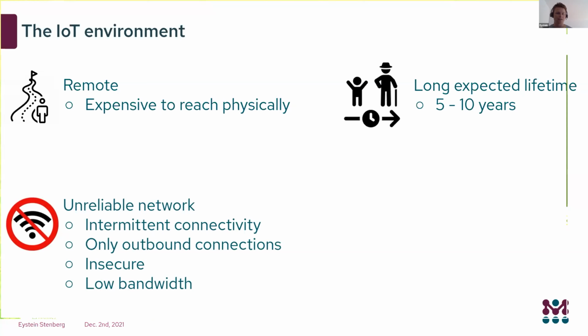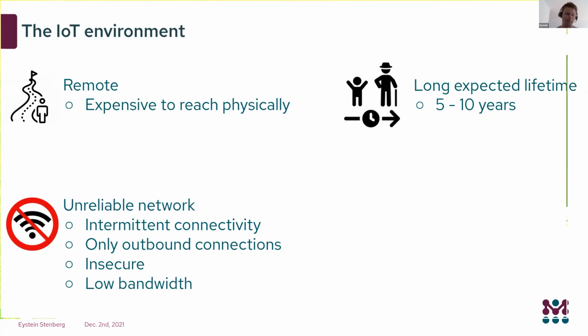But the network can be quite difficult to work with. You can have intermittent connectivity, wireless devices move around, lose connectivity, and only outbound connections typically, for the same reason that you don't have public IPs on these IoT devices typically.